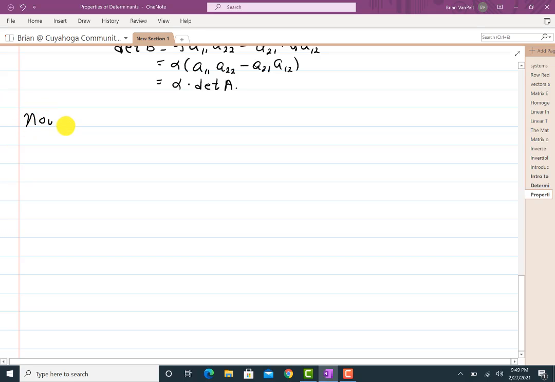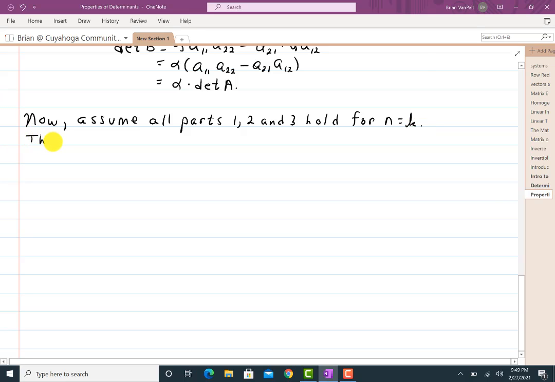Now, assume all parts 1, 2, and 3 hold for n equals k.